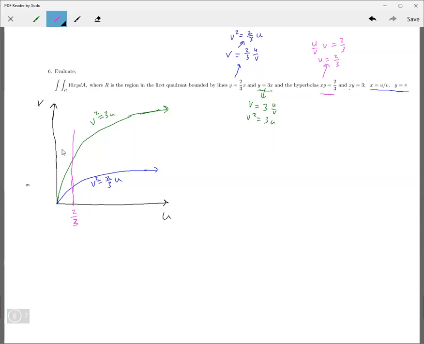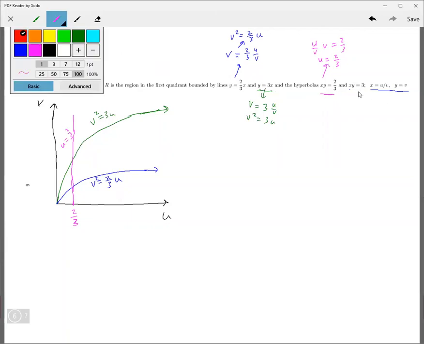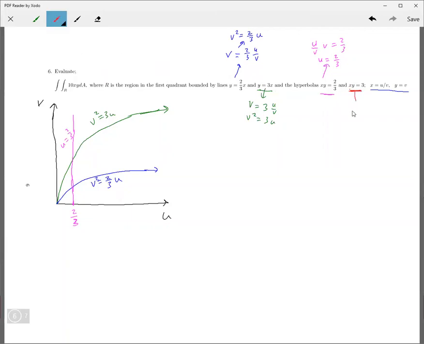That means that's a vertical line right here, right? And then the last one, you're going to get u equals 3. So come over to 3, and we have u equals 3. Okay, so great. So this is the region that we want.